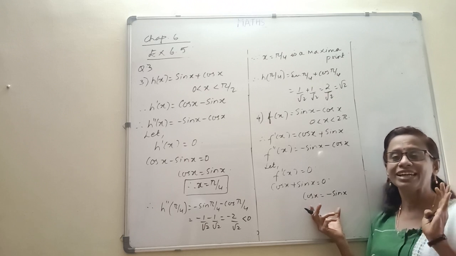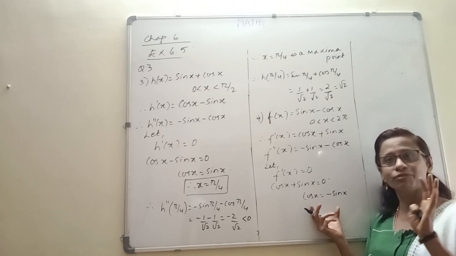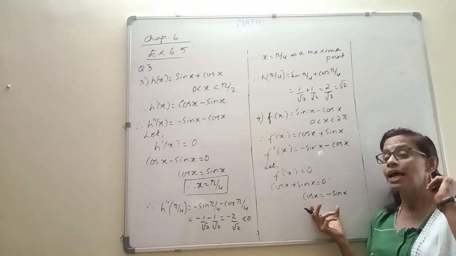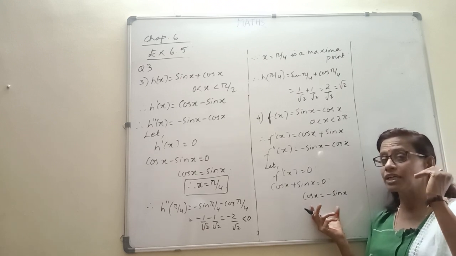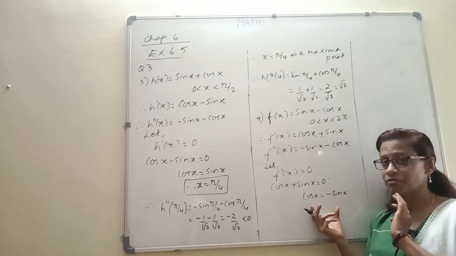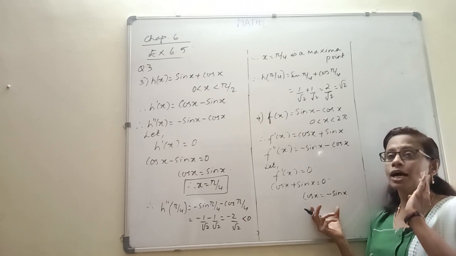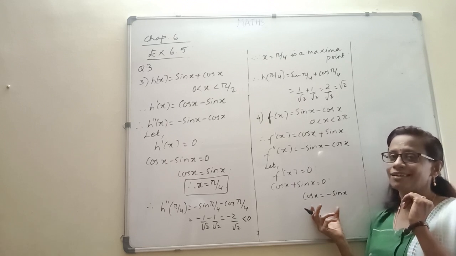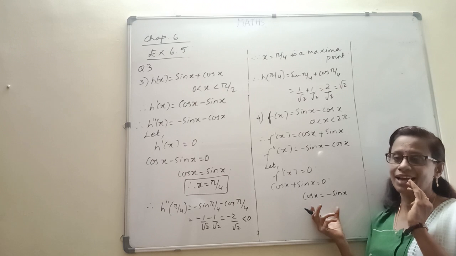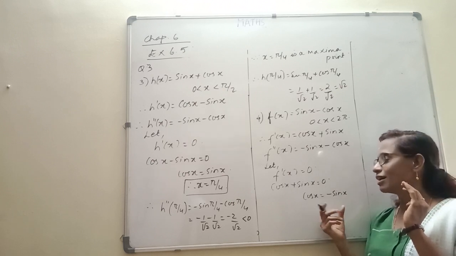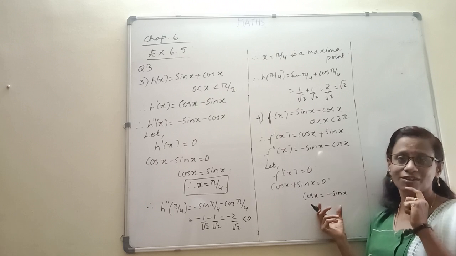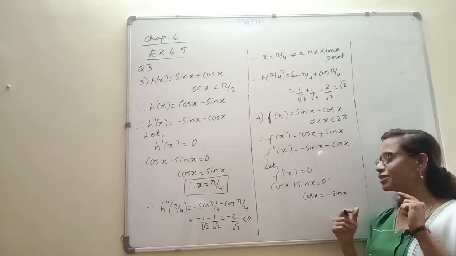At 45 degrees, or multiples of 45 rather, you have cos 45 equal to sin 45, or pi by 4. Similarly at 3 pi by 4, we have such a thing happening where cos and sin are inverse, because they are in the second quadrant. So that's going to be our ratio.